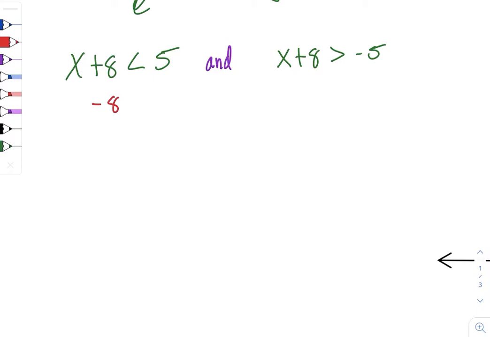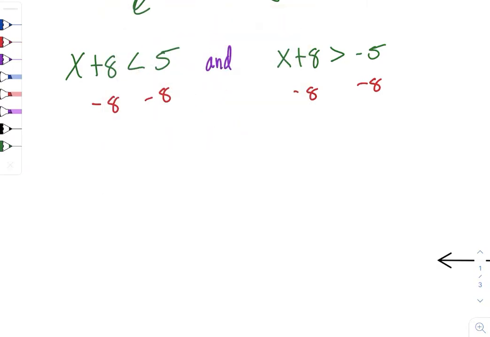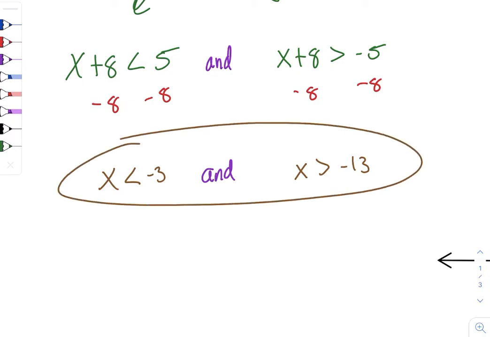In this case, I'm going to have to subtract 8 from both sides in both inequalities, and that's going to leave me with x is less than negative 3, and we want to bring that and down, don't forget about that, x is greater than negative 13. All right. So that's the answer to our compound inequality.